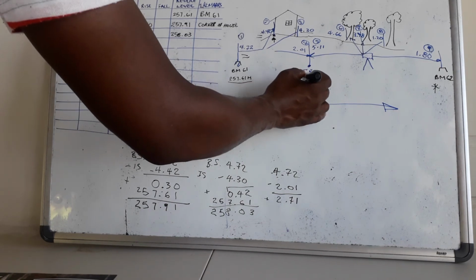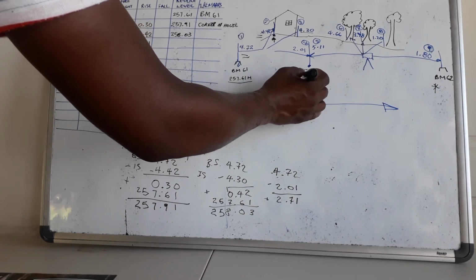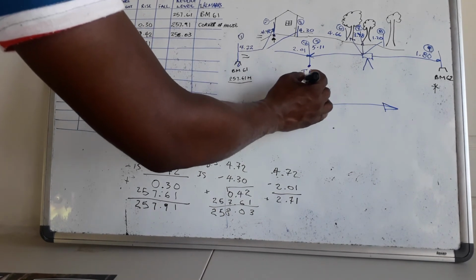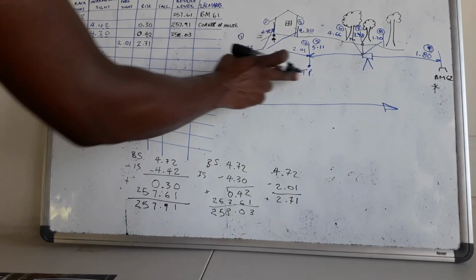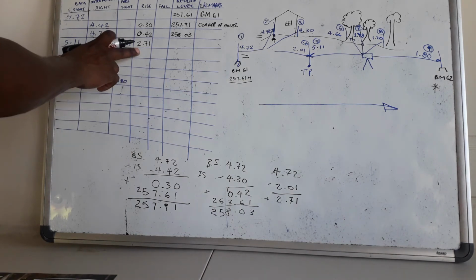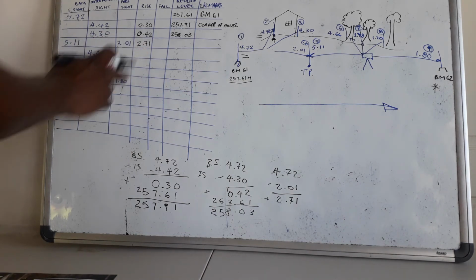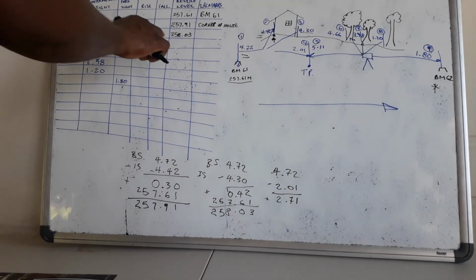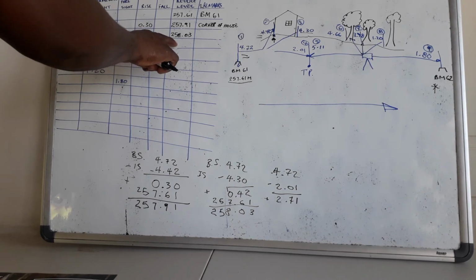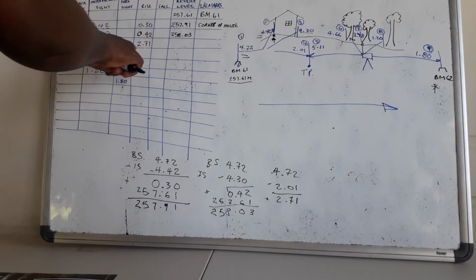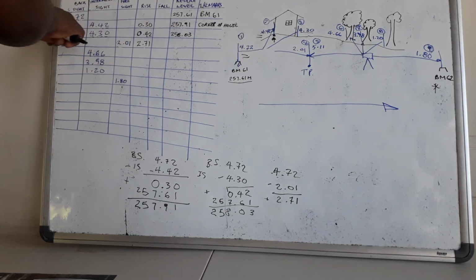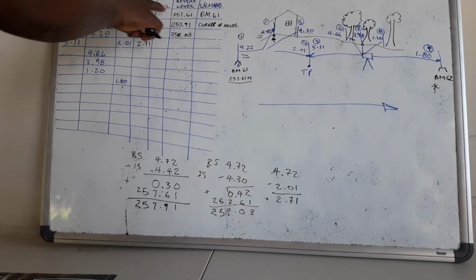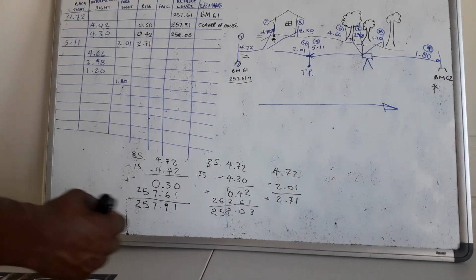So at the turning point here, the difference in elevation between benchmark 61 and the turning point would have been 2.71 meters. To determine the elevation, the reduced level of that particular point, we would have added the rise here to our previous reduced level at our first backsight point.